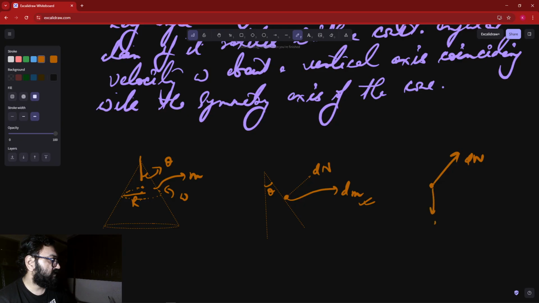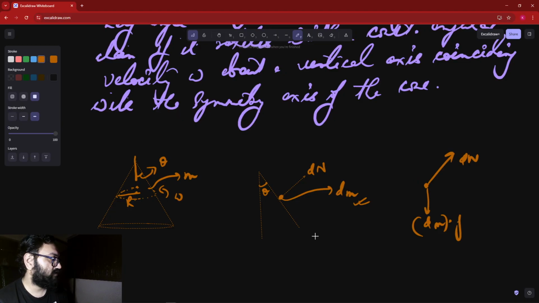There is going to be weight acting in the downward direction, and obviously there would be some tension on this segment, which I'm not mentioning right now. If I look at it from the horizontal plane, it will start making sense. Right now I need to write down an equation along the vertical direction.